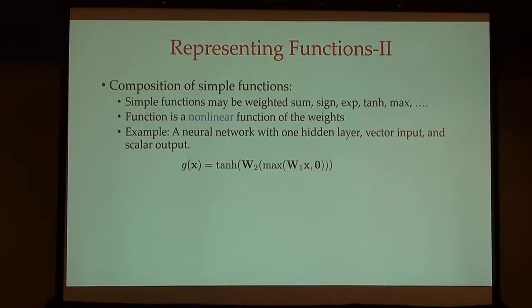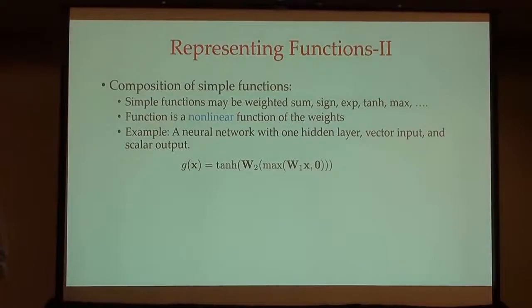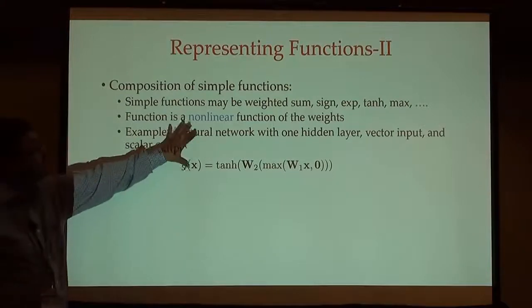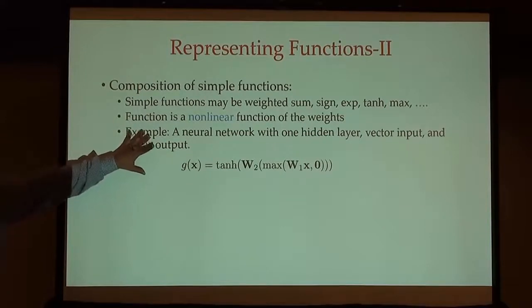You should think of the layers as just implementing some function, taking the input and giving an output. And the functions here are all explicit functions, but it may be a system of implicit functions, or even an optimization problem. That's why I wanted to spend a little bit of time on how you represent functions. This is the power of neural networks, this way of representing functions, which is not there in the other ones.